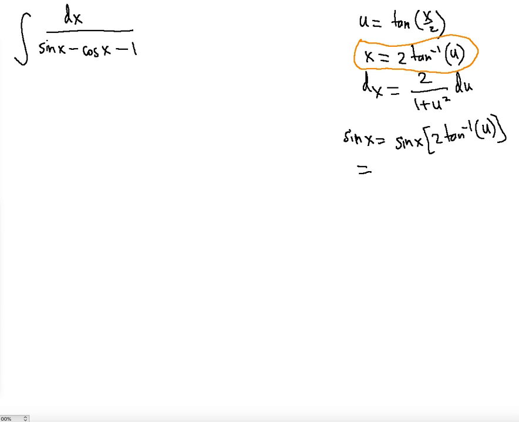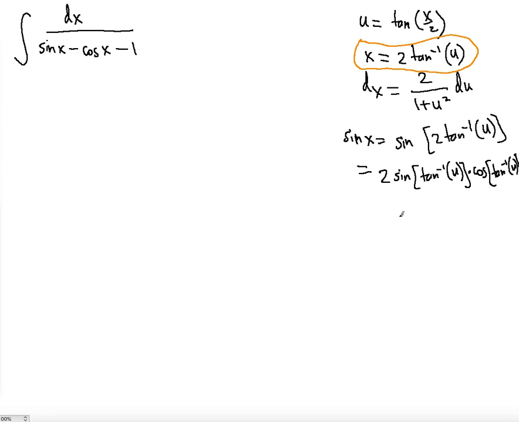You know that the double angle formula says that it's going to be twice the sine of arctan multiplied by the cosine of arctan.